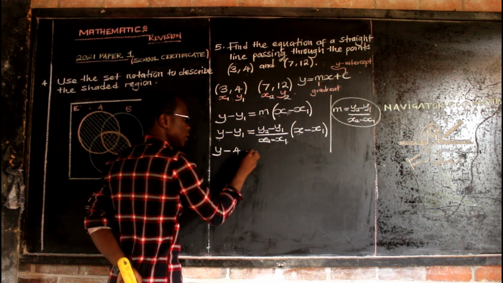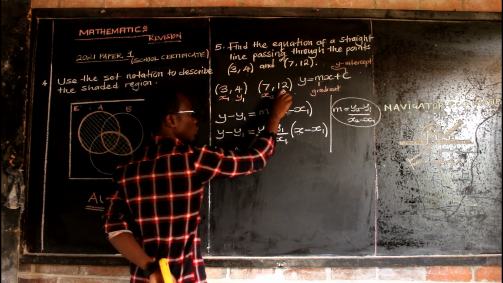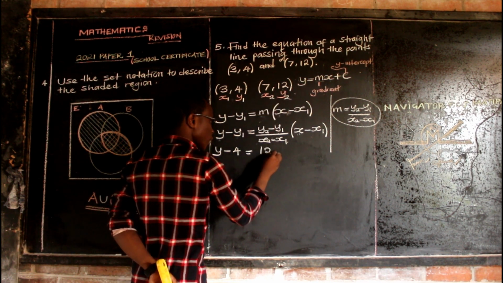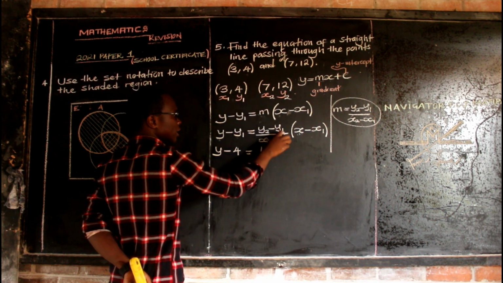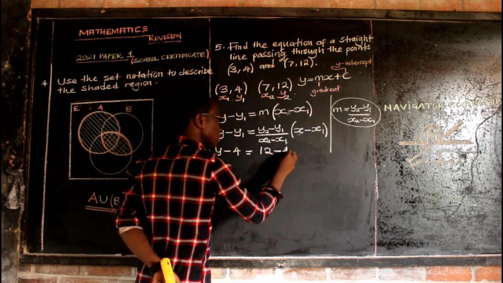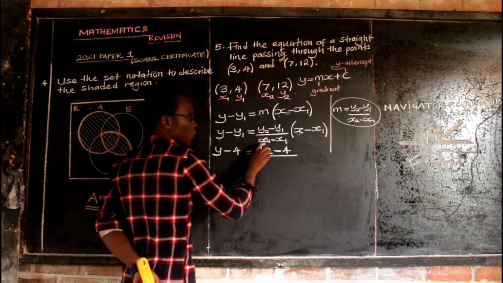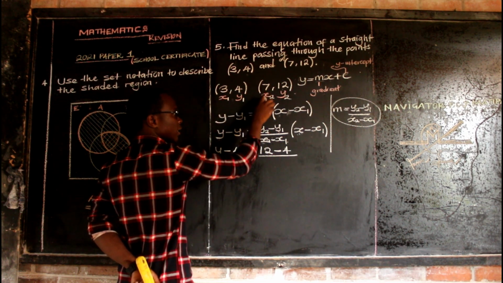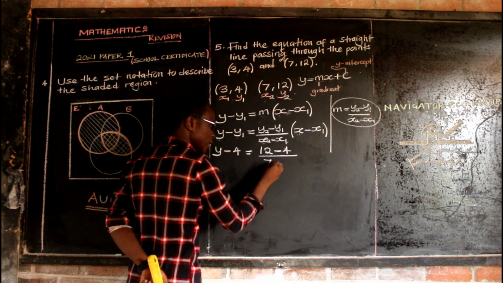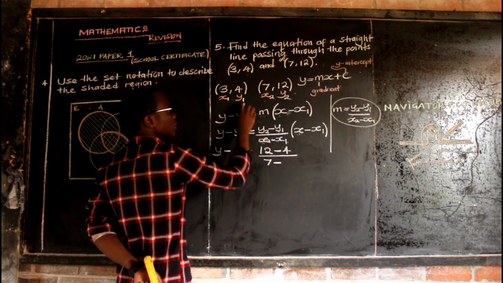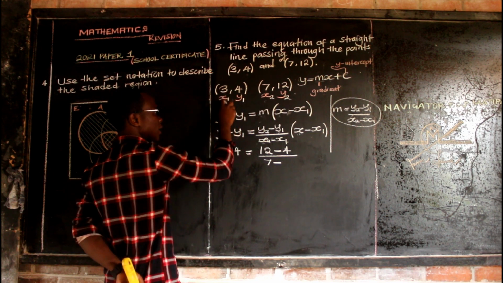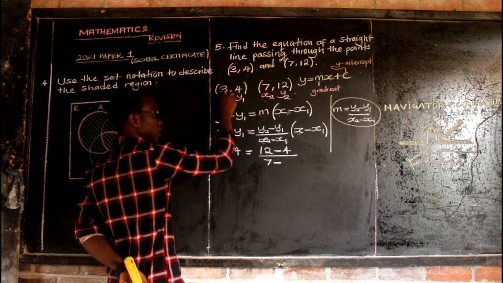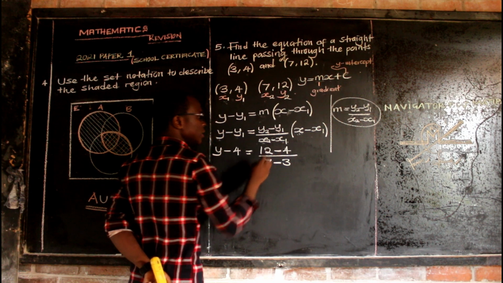So we put 4 is equal to y2, which is 12, minus y1, which is 4. So 12 minus 4 over, what is our x2? x2 is 7. So 7 minus, what is our x1? Sorry, x1 is 3. So you put 3 where x1 is.